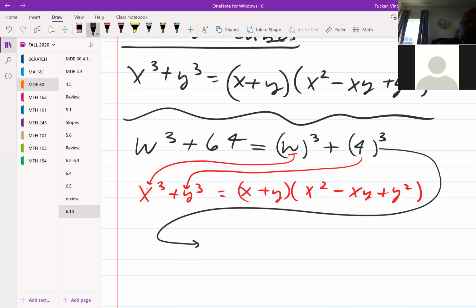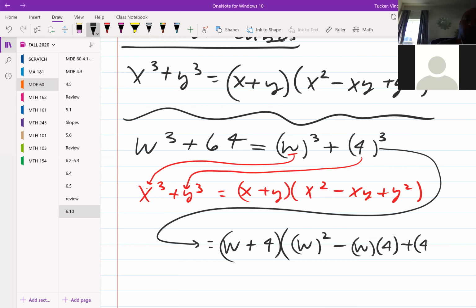So that's going to be w plus 4, w squared minus w times 4, then 4 squared. So make sure we're okay with the substitution. Our first term was w, second term was 4. Plug in w where we saw x.